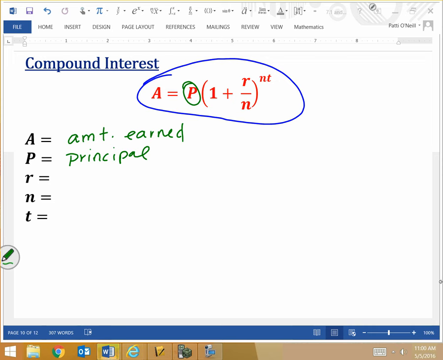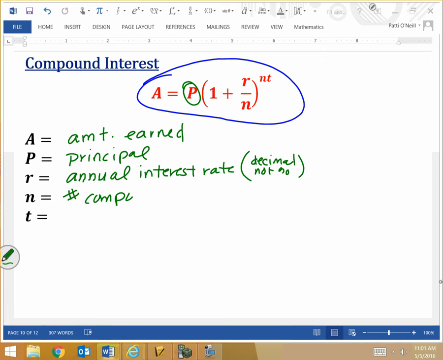R is the interest rate, the annual interest rate. And this is always as a decimal, not a percent. N is going to be the number of compoundings that occur within the problem.